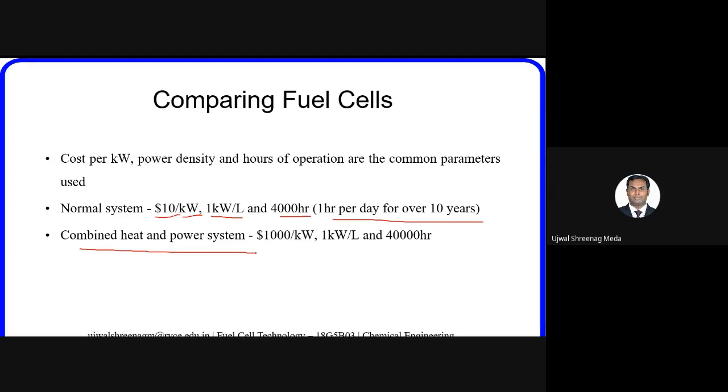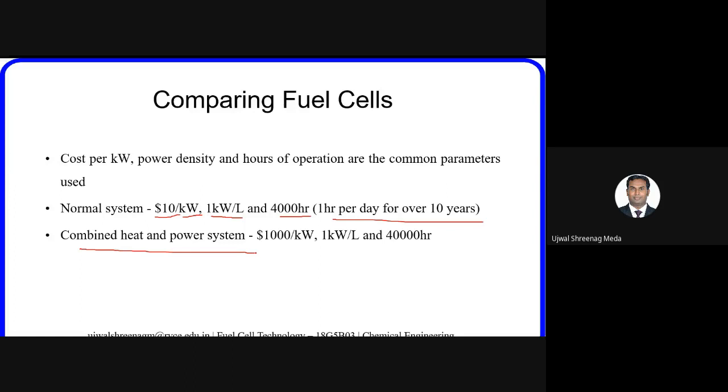That heat is recovered and steam is generated from it, and you use that steam to generate further electricity. That is CHP, where you generate additional electricity by making use of the waste heat generated from a fuel cell.